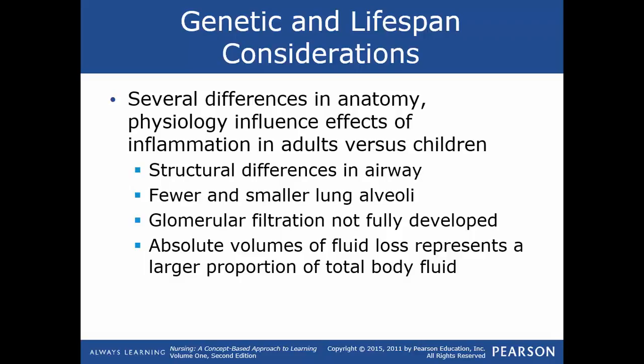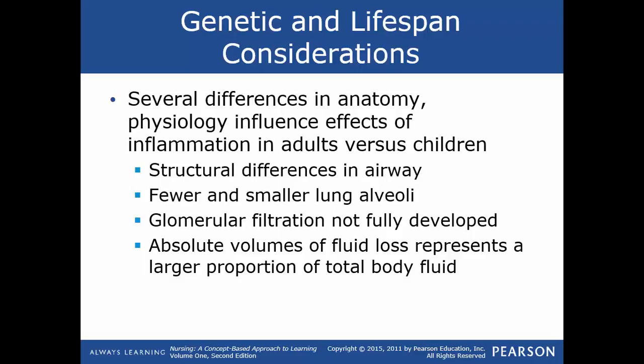infants. The glomerular filtration and the kidney's ability to dilute and concentrate urine is not fully developed in infants, so the renal system basically can't compensate as well with the fluid fluctuations that occur during the inflammatory process.